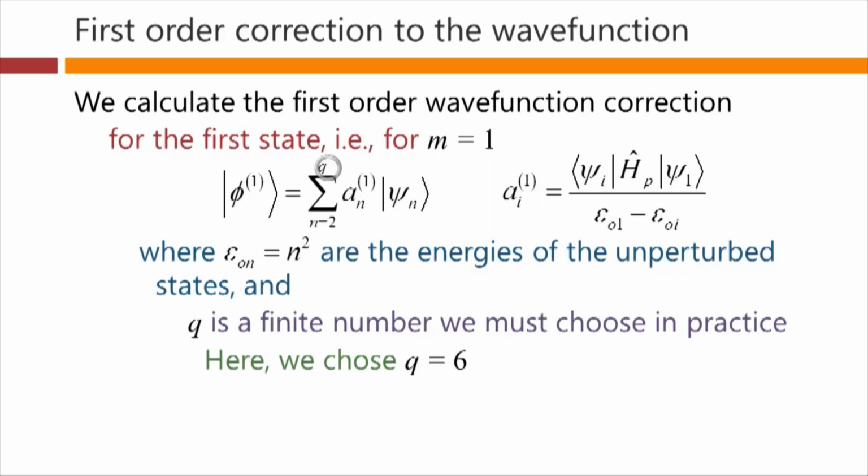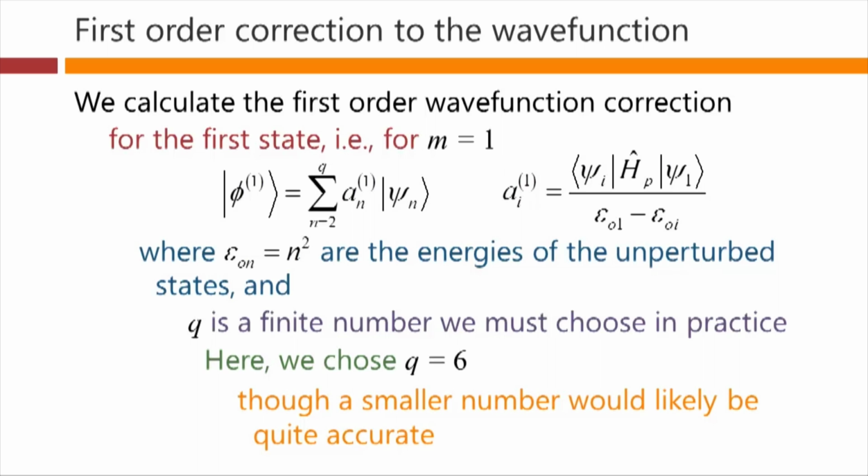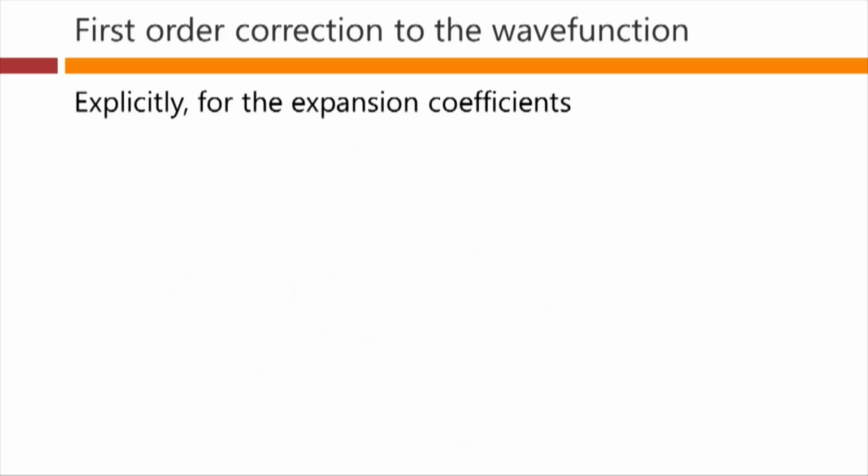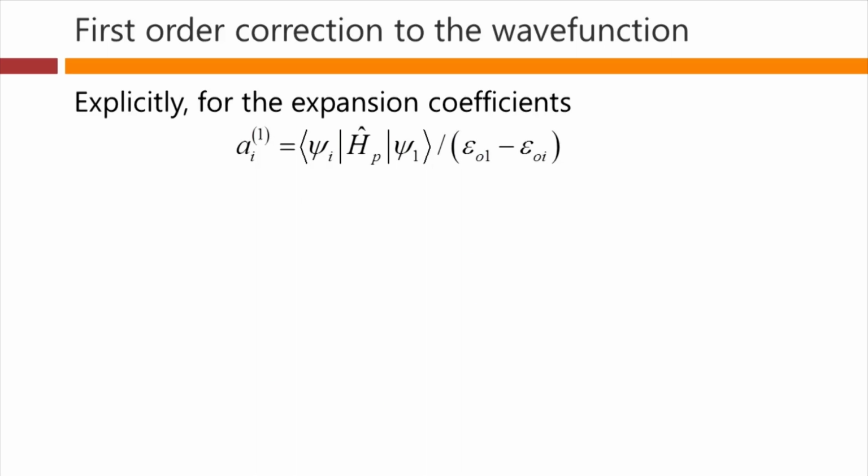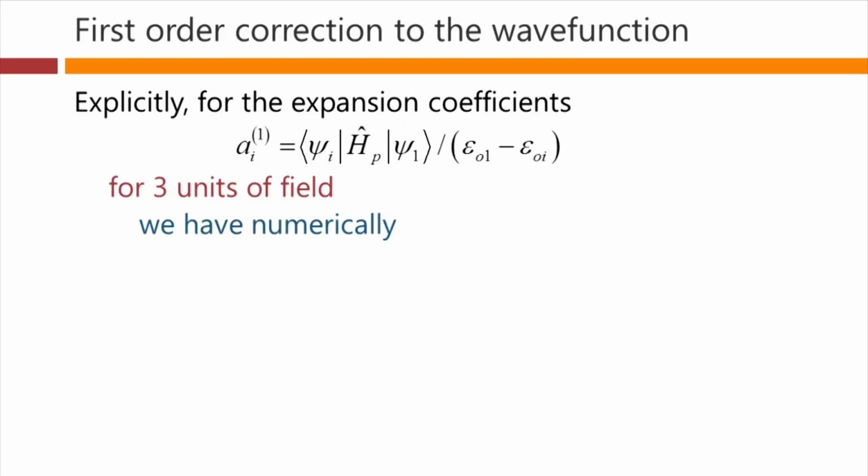Here we're going to choose q equal to 6. But actually, it doesn't make much difference if we make q a little bit smaller than that. So explicitly for our expansion coefficients, for our A_i1s, for 3 units of field, we have numerically these results.